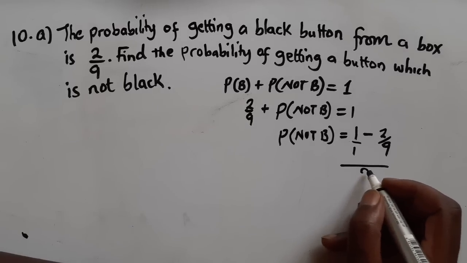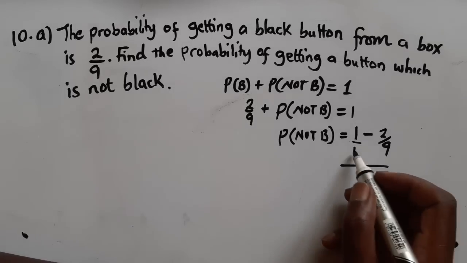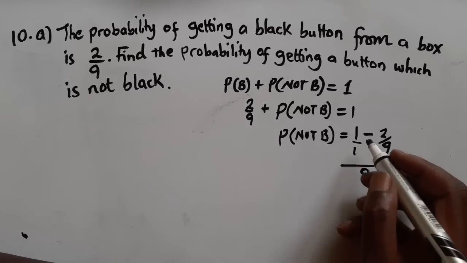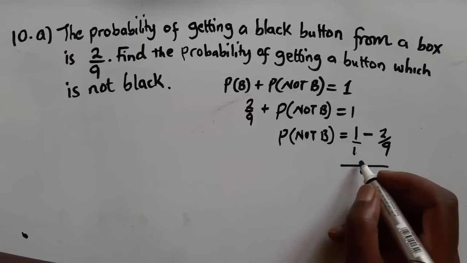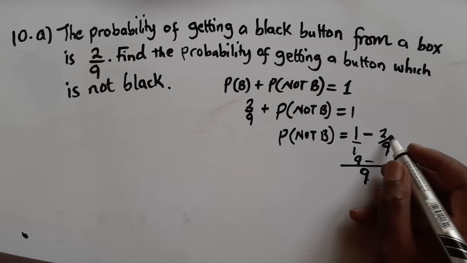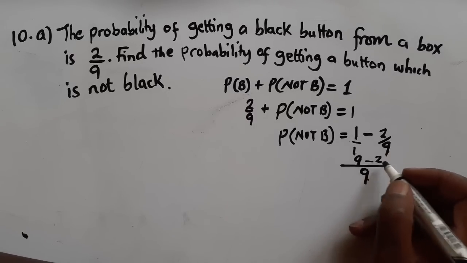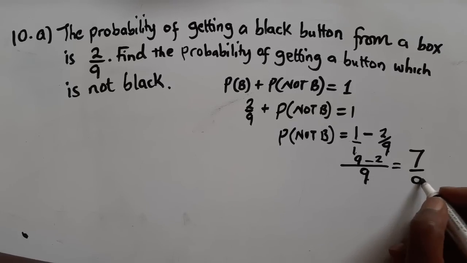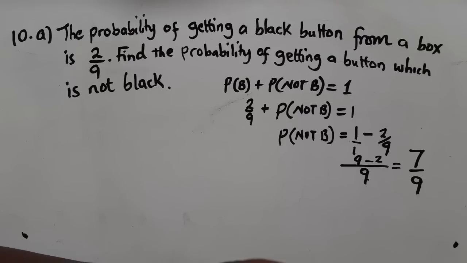The lowest common multiple of 1 and 9 is 9. 9 multiplied by 1 is 9, minus 9 into 9 is 1, 1 multiplied by 2 is 2. So we are going to get 7/9. The probability of a button that is not black is 7/9. This is our answer.